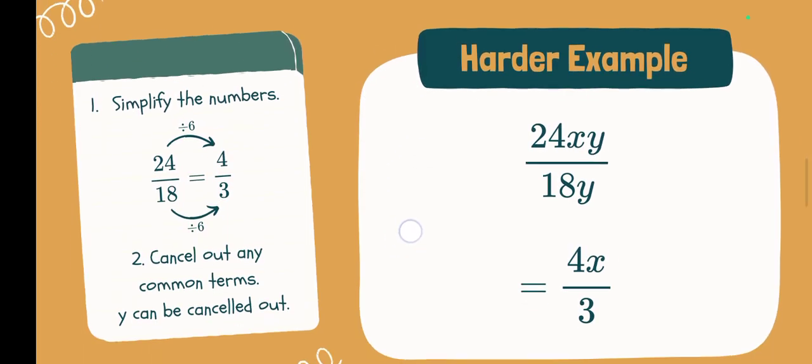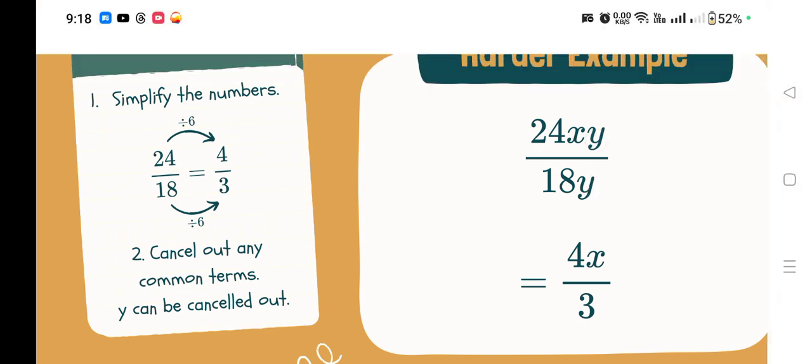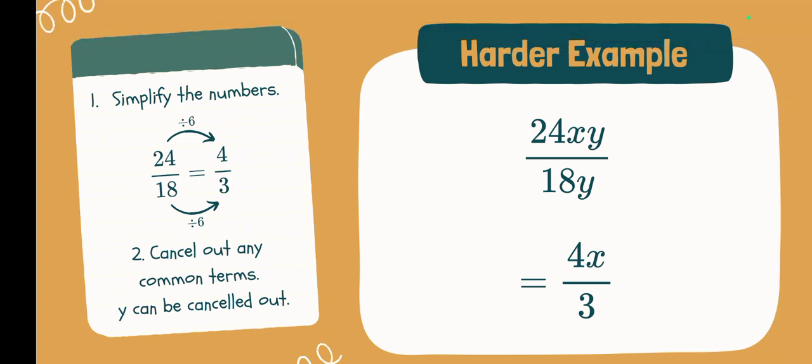Now moving on to the harder examples. Here you need to divide 24xy by 18y. As I told you earlier, this y and this y get cancelled out because they are like terms. So in the variables we are only left with x. Now 24 divided by 18.